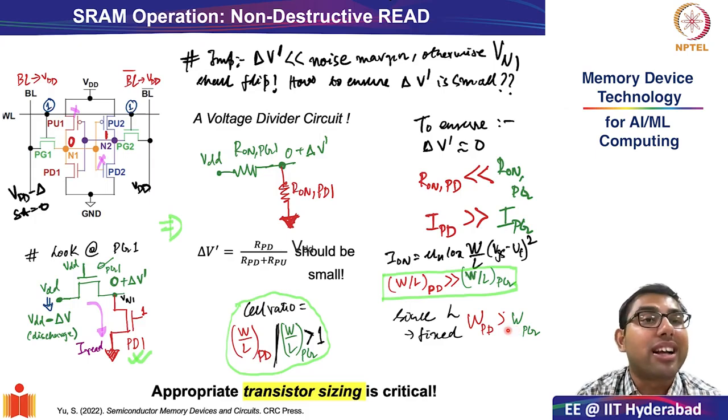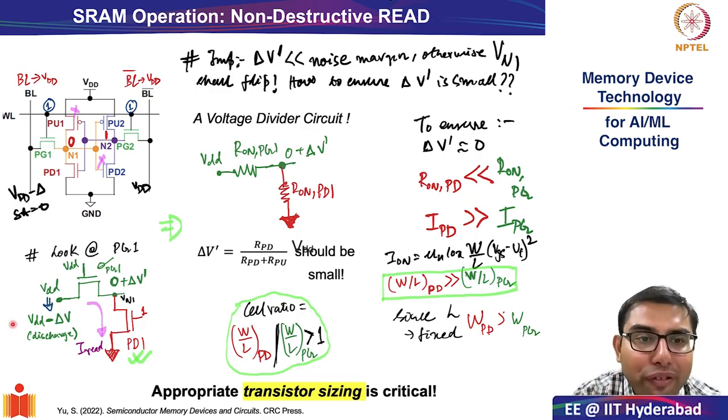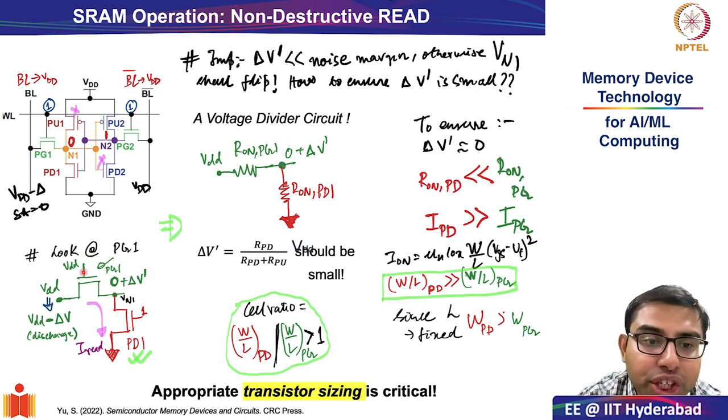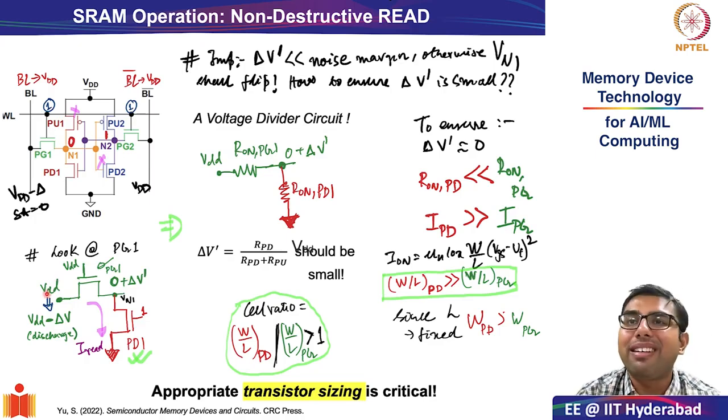Therefore, we conclude that the read operation happens only from these 2 transistors out of this dense matrix of 6T SRAM cell. This is facilitated by the read operation, which causes a discharge on the bit line and a slight positive voltage delta V dash on the internal storage node.